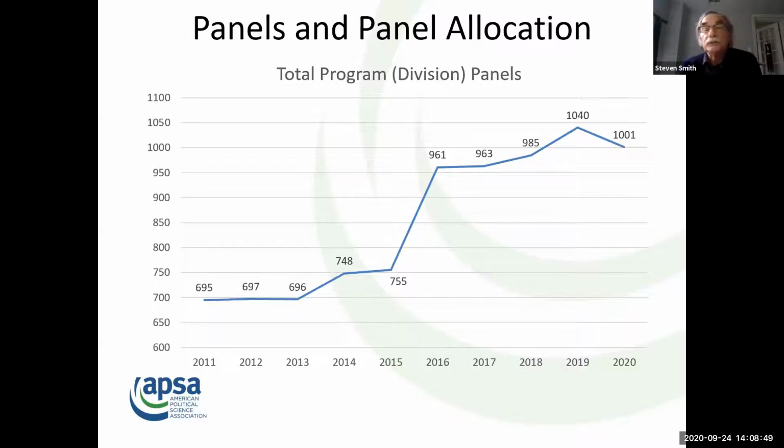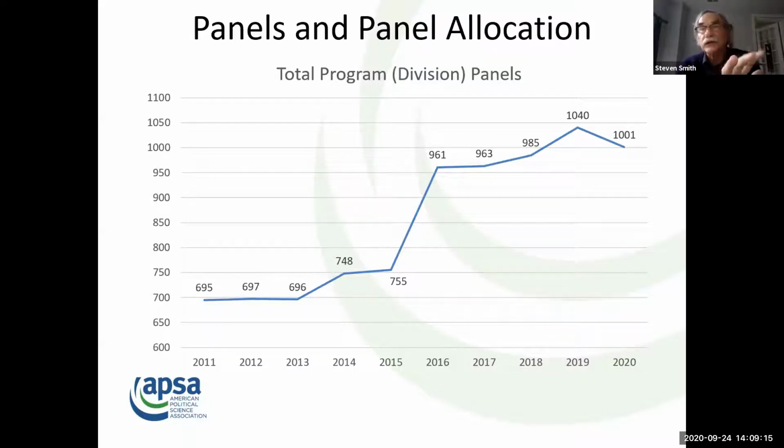This jump from 2015 to 2016 reflected two changes we made in the program. For those of you who've been around APSA for a while, we used to not assign panel slots during the 12 to 2 noon hour lunchtime break, and so now we schedule panels from 12 to 2.